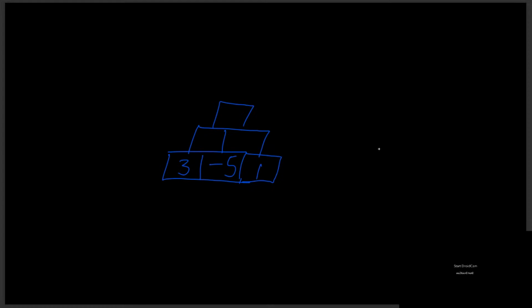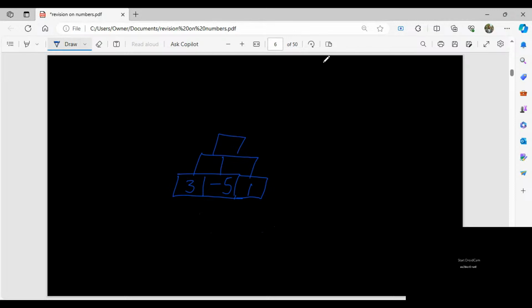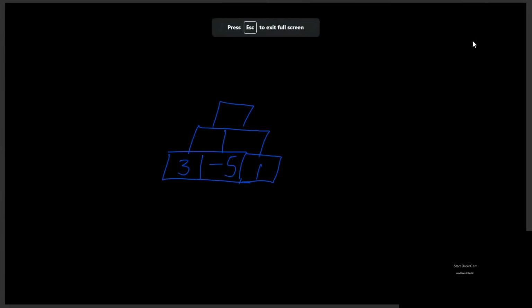So the number on top is built as a result of adding the two numbers below it. So we shall do the first one, 3. We shall add this 3 here and this minus 5 there so that we can work them out.